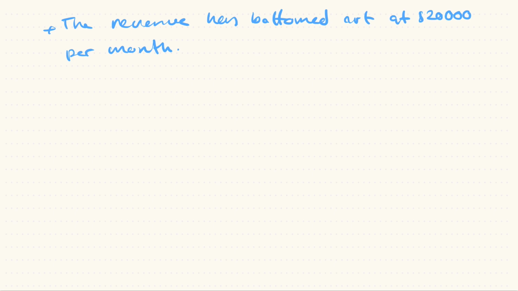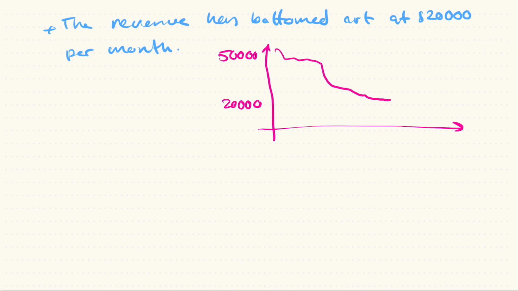In my opinion, it's not that bad, but it is a bottom value in the graph. So let's show the graph. For example, the graph could have looked like this. Let's say this is $20,000 and this is $50,000. So it was higher and then eventually bottomed out at $20,000, and this is time.